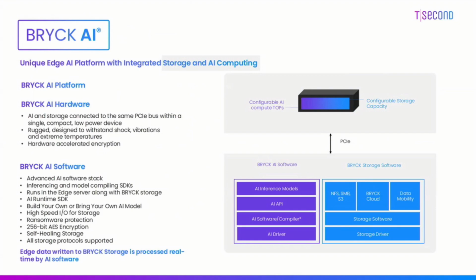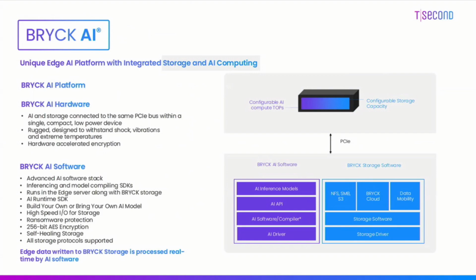So the advantage of the BRYCK AI is that it has the data in it, and it has AI capability, everything built in together. And since both the data and AI are in the same PCI infrastructure, you can process a large amount of data at very high speed. As a design goal of the BRYCK, it's a low power system.